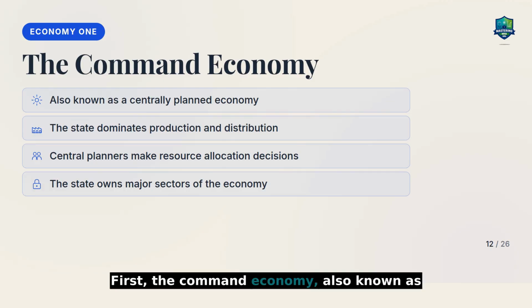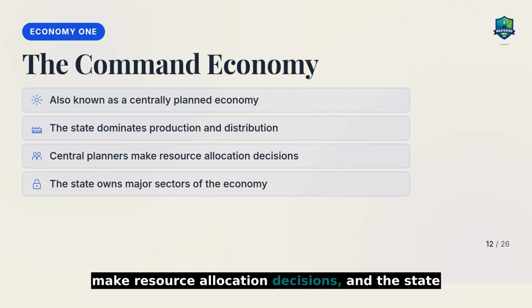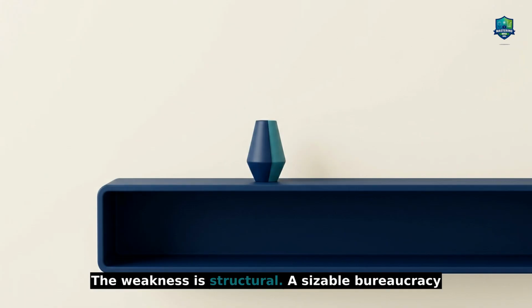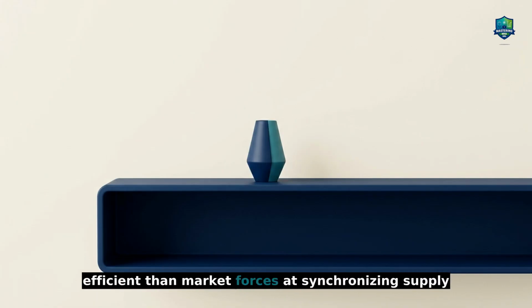First, the command economy, also known as a centrally planned economy. It makes the state the dominant force in the production and distribution of goods and services. Central planners make resource allocation decisions, and the state owns major sectors of the economy. The weakness is structural. A sizable bureaucracy thrives, and central planning tends to be less efficient than market forces at synchronizing supply and demand.